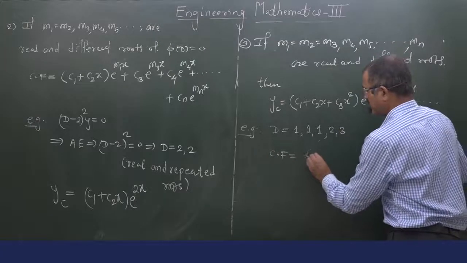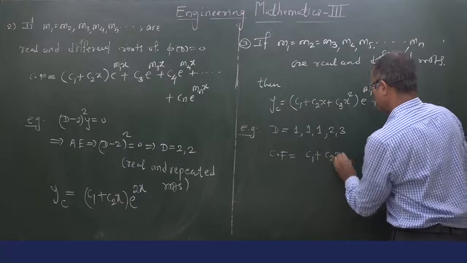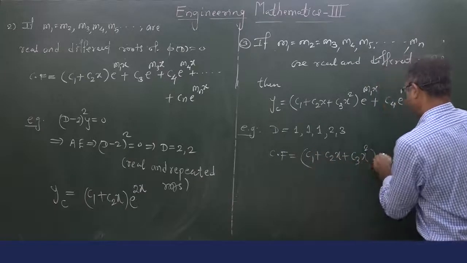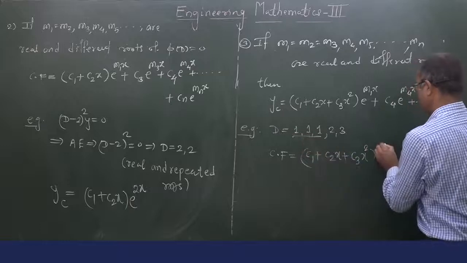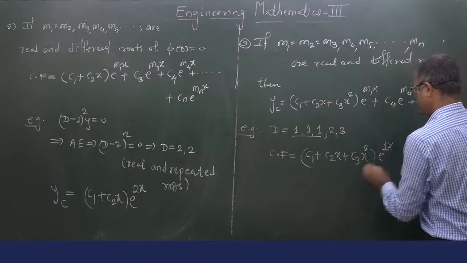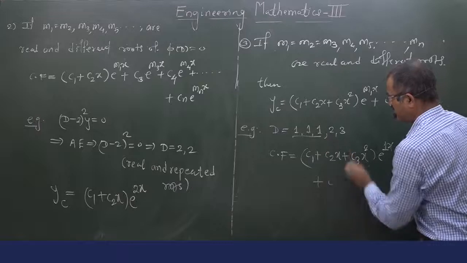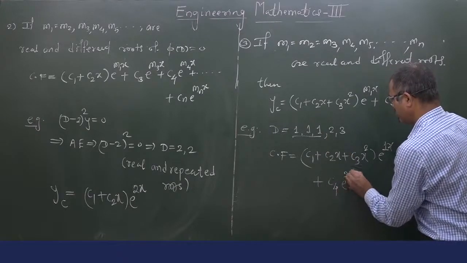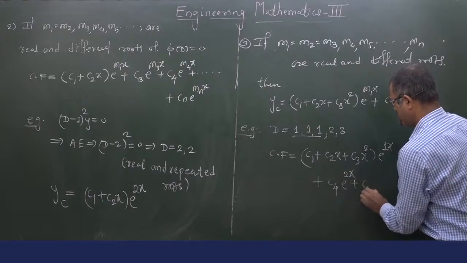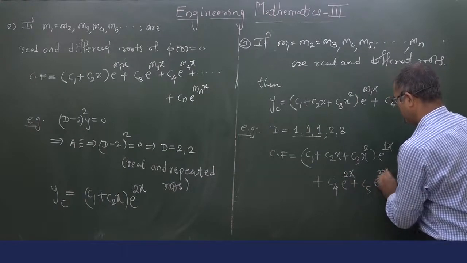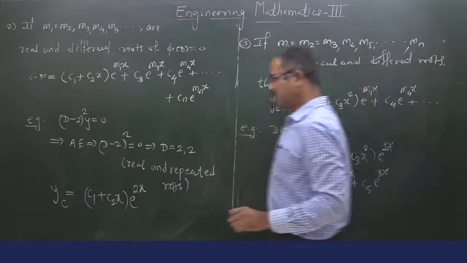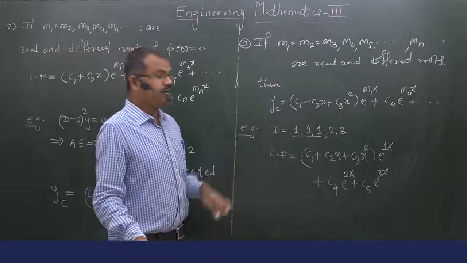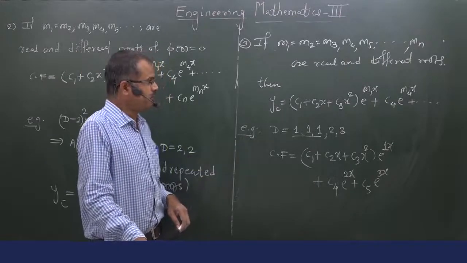It is (c1 plus c2x plus c3x square) e to the power x, as these three roots are equal, plus, as they are different, c4 e to the power 2x, c5 e to the power 3x. So this is the solution of the fifth order differential equation.